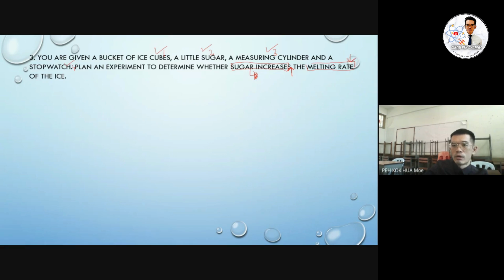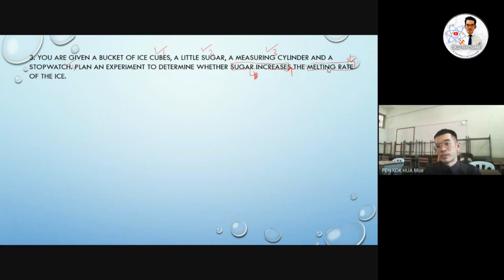So how can we measure the melting rate? We can measure how much ice has melted within a fixed period. Firstly, we give pure ice, put it at the same place, and take maybe 5 minutes. How much ice has changed to liquid?